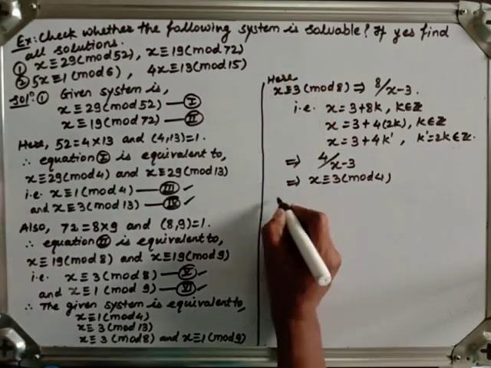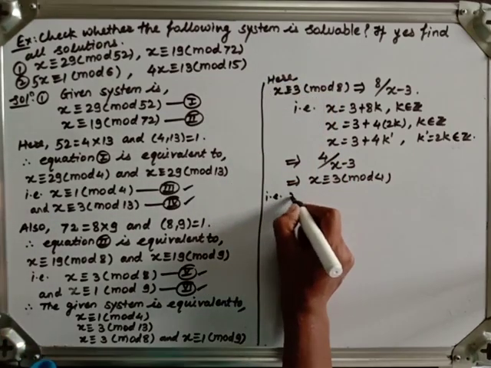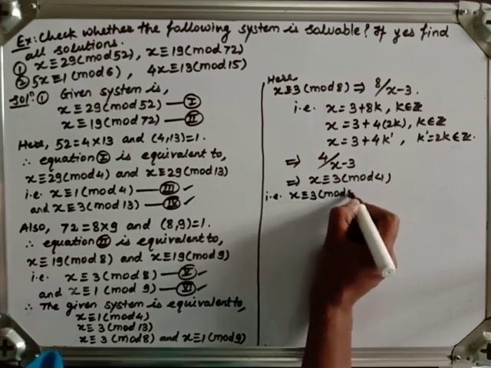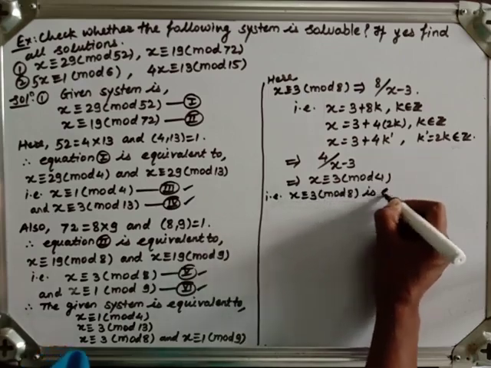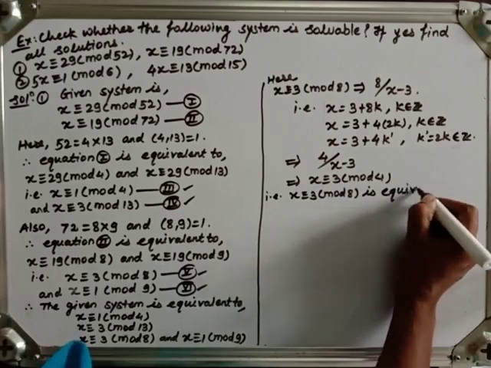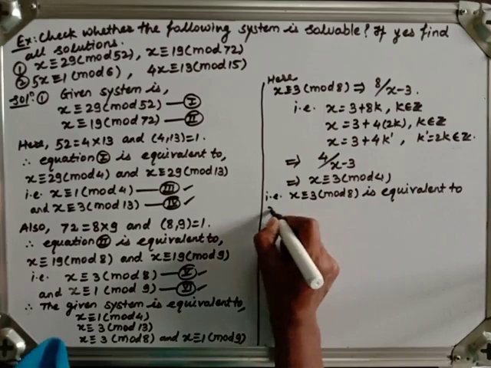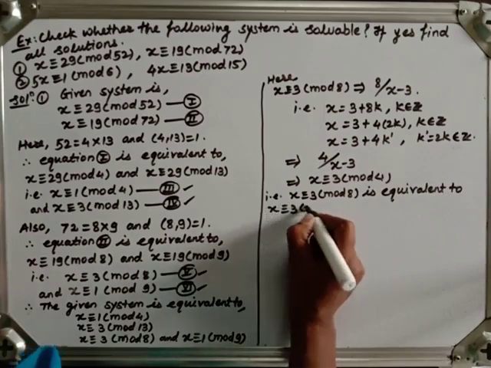That is, x congruent to 3 modulo 8 is equivalent to x congruent to 3 modulo 4.